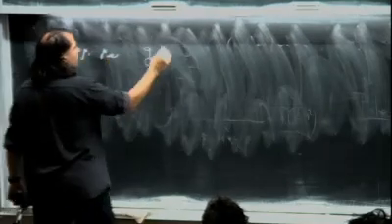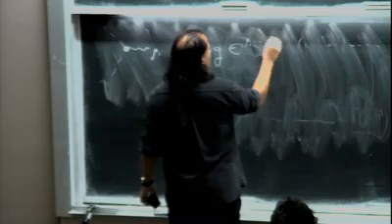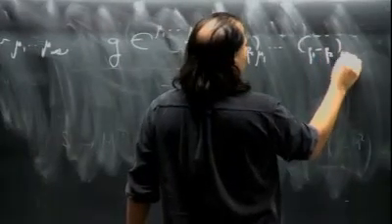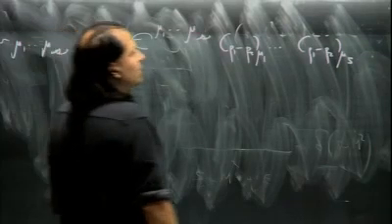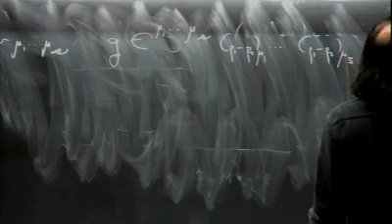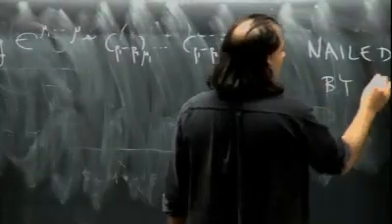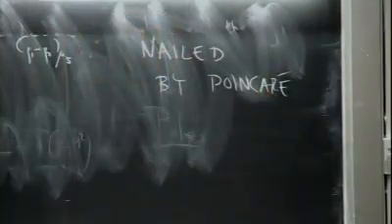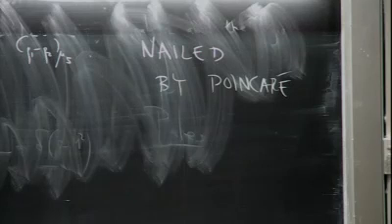It's just some constant, epsilon mu1 through mu s, and then p1 minus p2 mu1 up to p1 minus p2 mu s. So this 3-particle amplitude is nailed by Poincare symmetry. We used translational invariance, momentum conservation, as well as Lorentz invariance, and up to a constant, it's nailed by Poincare.